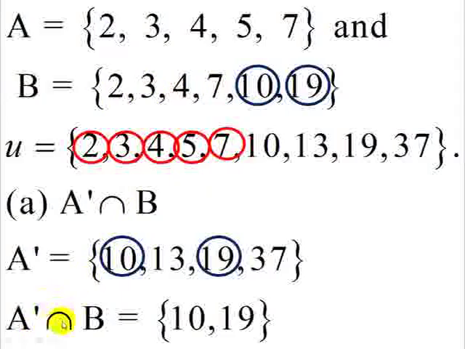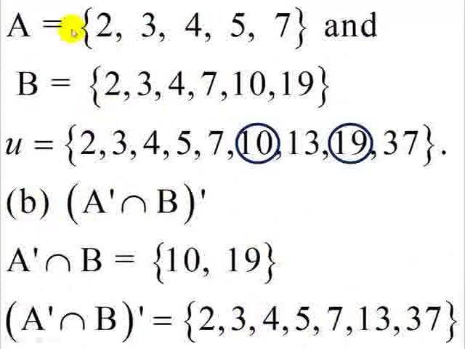So A complement intersection B means that we are to search for elements that belong to A complement and also belong to B. And we can see that the elements are 10 and 19 because 10, 19 belong to the set B and 10, 19 also belong to the set A complement. And therefore A complement intersection B is equal to 10, 19.